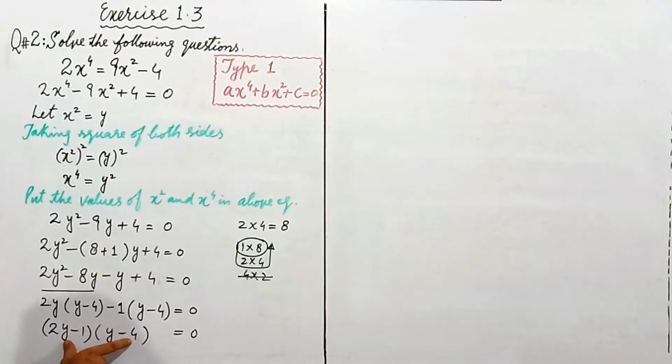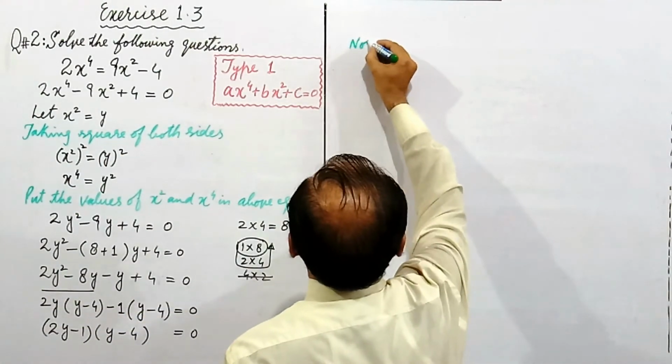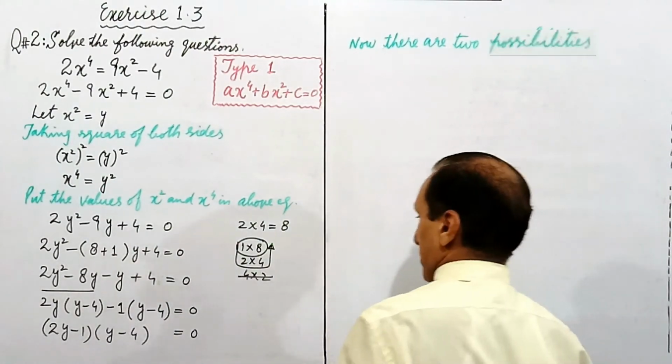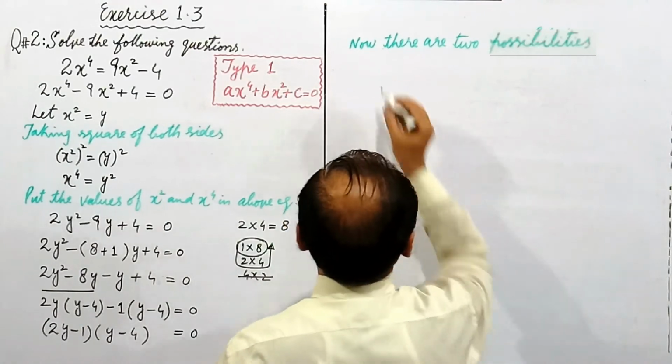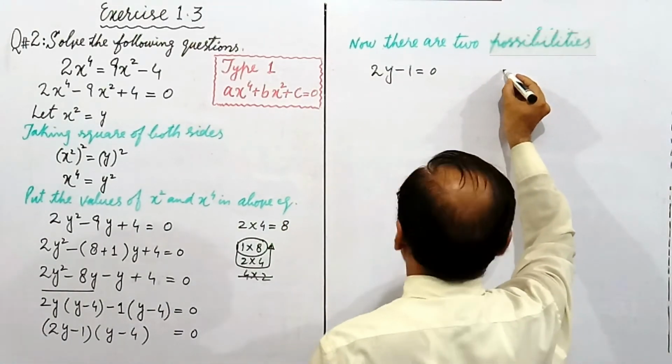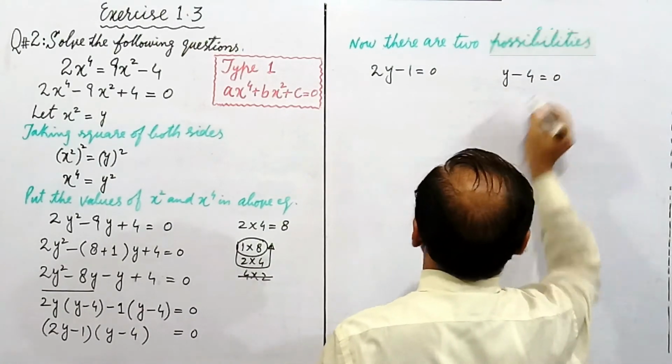The two factors in product form are equal to 0. That is why we have two possibilities. One is 2y minus 1 is equal to 0, and the second is y minus 4 is equal to 0.